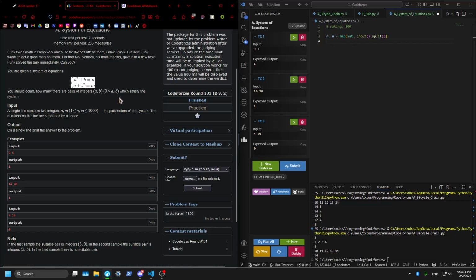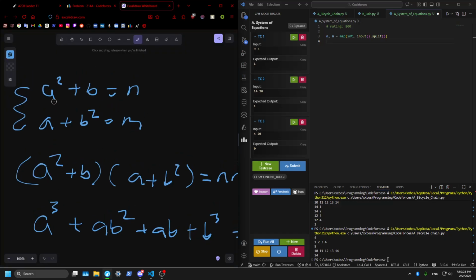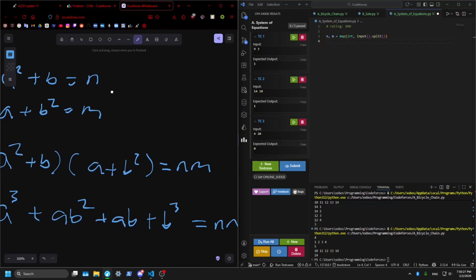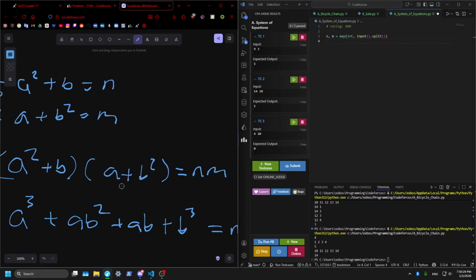We're given n and m, so maybe another thing we can try is making this into one equation. Although that's kind of what we did.